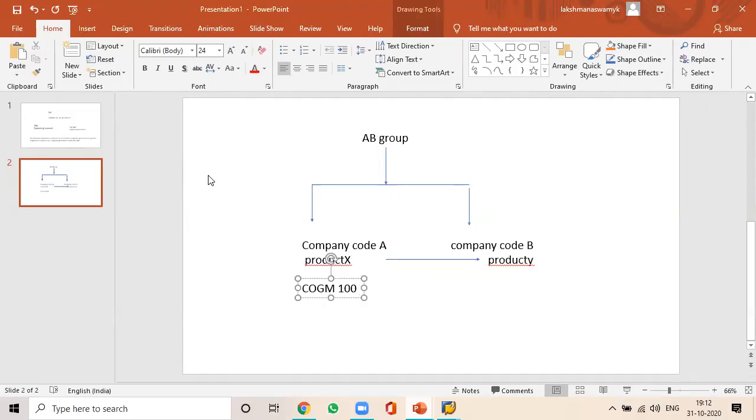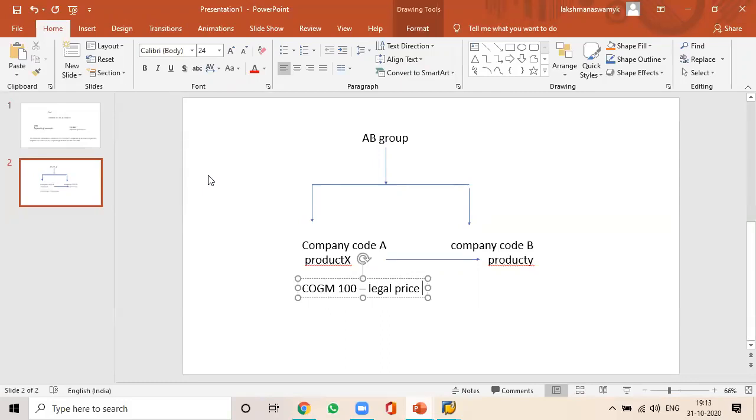Now you are preparing the financial statements for company code A. At what rate is the inventory of finished goods evaluated? 100 rupees only, right? This is called legal price. For preparing legal financial statements, you are using this price. Still not clear?